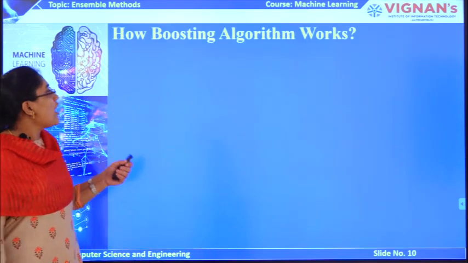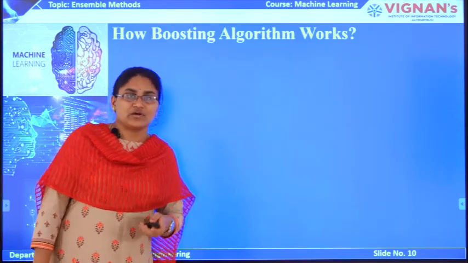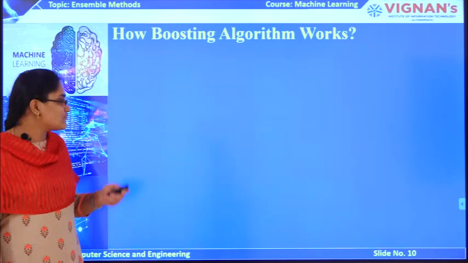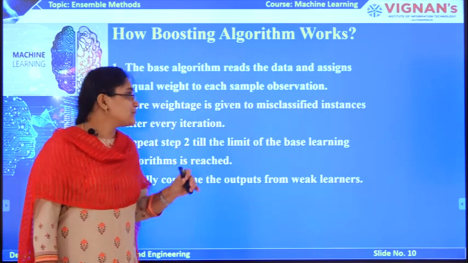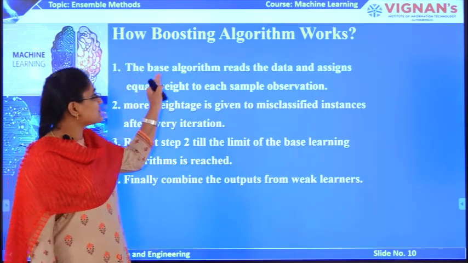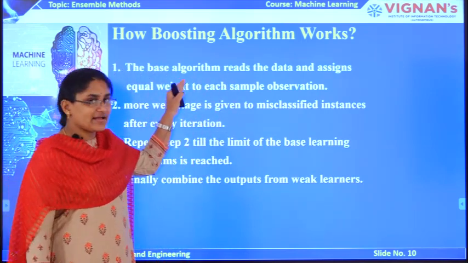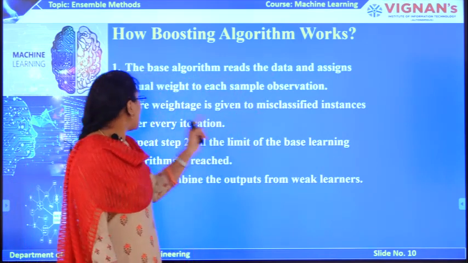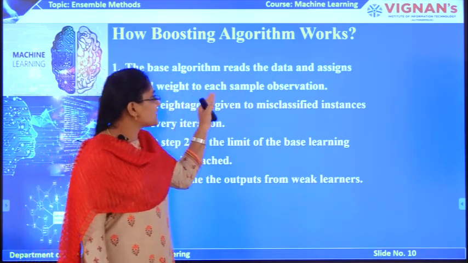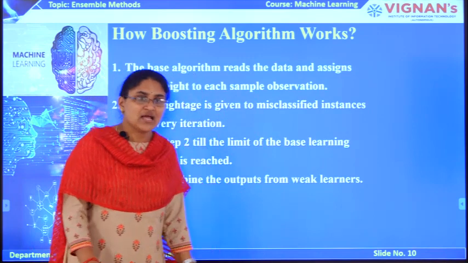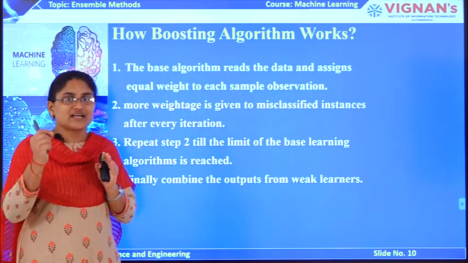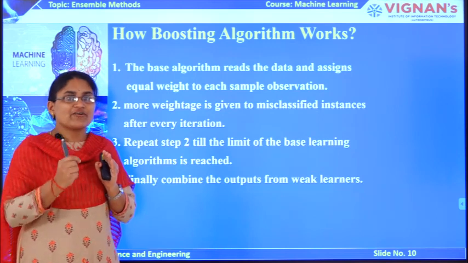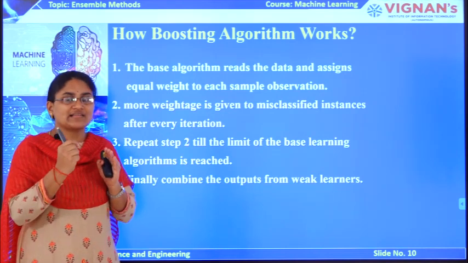Now let's see how the boosting algorithm works. The boosting algorithm works in 4 different steps. In the very first step, the base algorithm reads the data and assigns equal weights to each sample observation. This means before applying the first base classifier on the given data set, we have to give equal weights to all the data points.